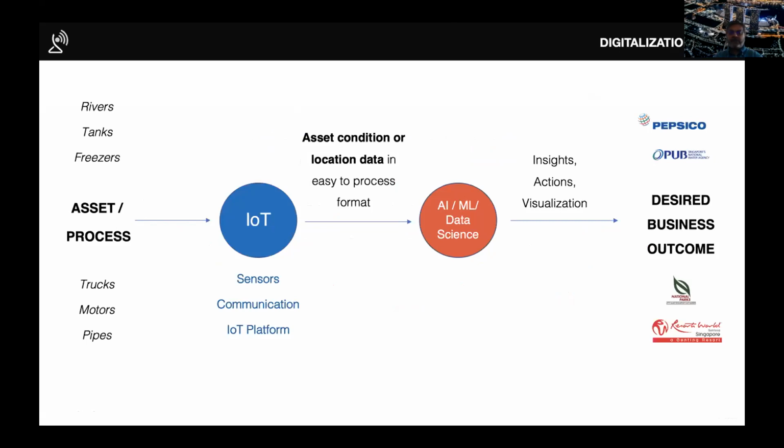So that is what IoT is. We use sensors, communication, and some kind of platform to convert physical information into digital information. And then once it is available in a format that is easy to use, then you apply your algorithms or data science to really bring out insights and actions.